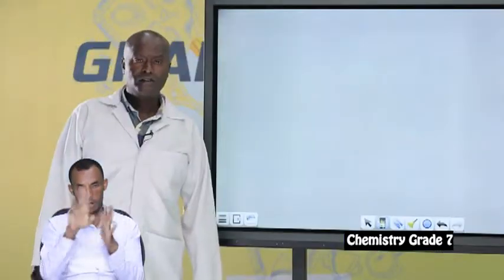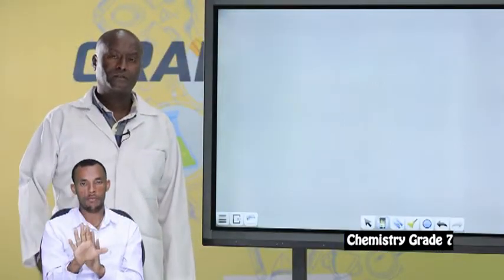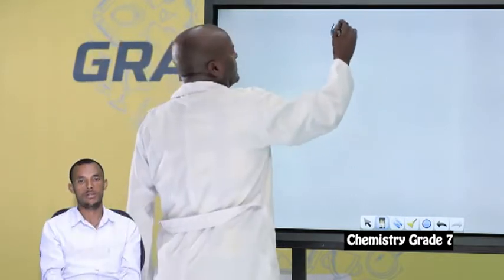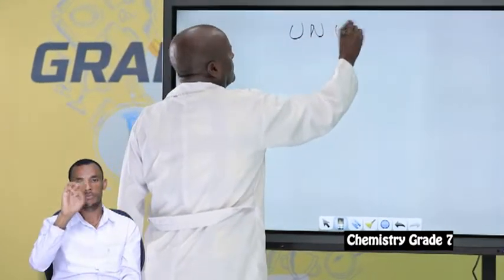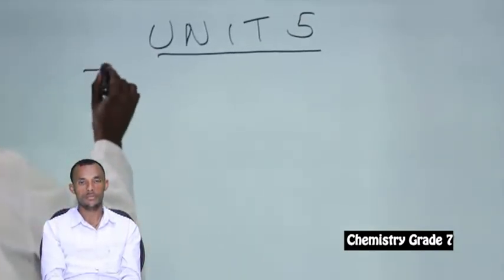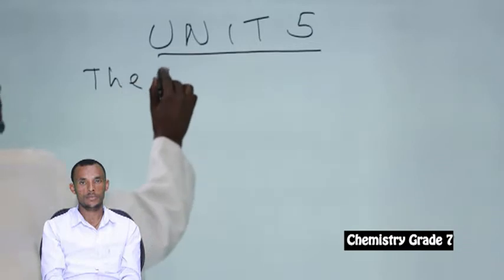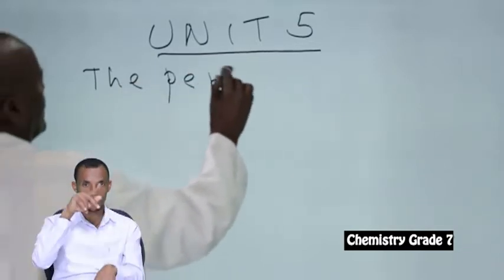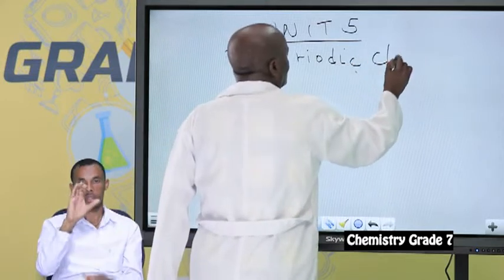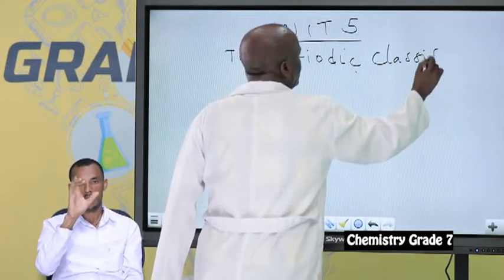Today's unit is Unit 5, the periodic classification of elements.